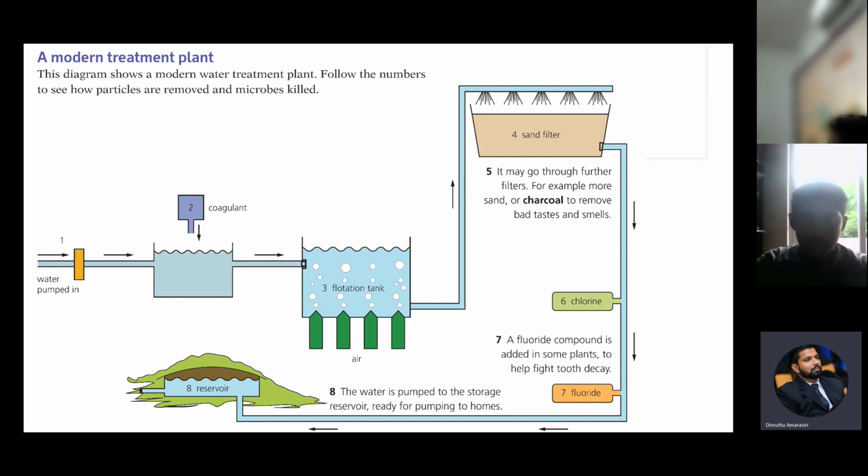Second, what do you do? Adding coagulant to what? What do you do there? Yeah, and then what do you call that process? Sedimentation. So then floc formation, sedimentation.